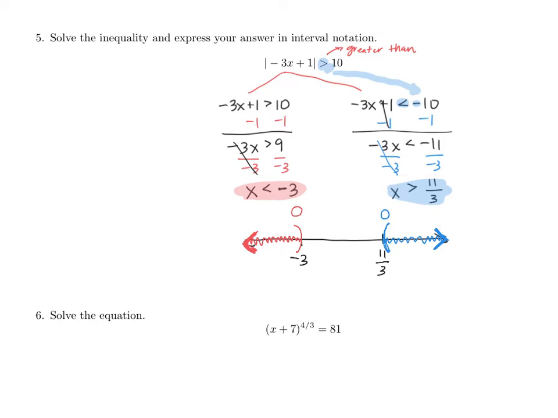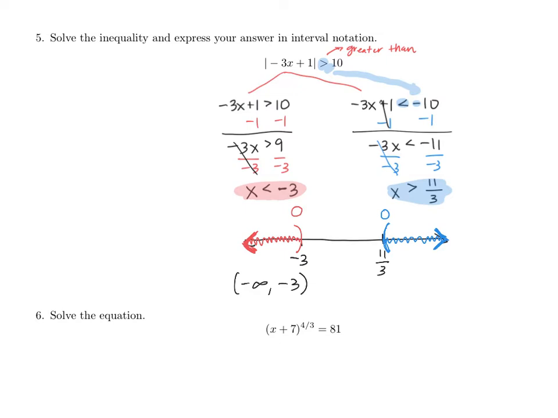So for each interval that's shaded, we have to have a separate interval notation. So for the red part, the part on the left, it goes to the left forever, so negative infinity, and it goes to the right to -3, parentheses. Remember that negative infinity and infinity always get parentheses because it never reaches that point.